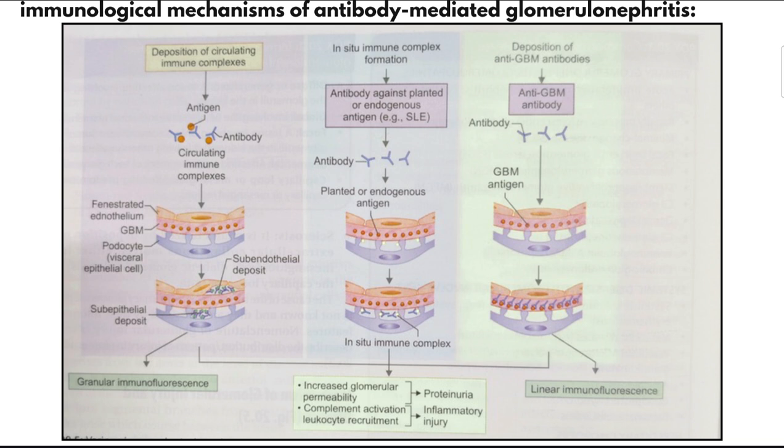And lastly, the deposition of antibodies against the glomerular basement membrane itself can lead directly to injury, as they target this critical structure, undermining its integrity. In summary, antibody mediated glomerulonephritis is a multifaceted process involving immune complex formation, complement activation, and direct antibody targeting, all contributing to glomerular damage.